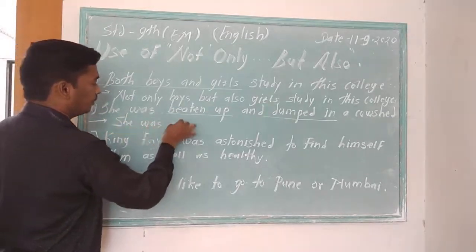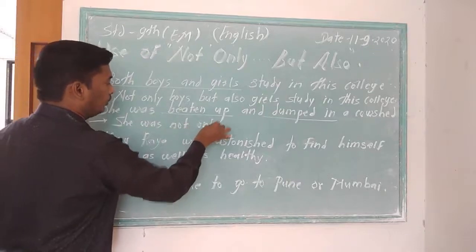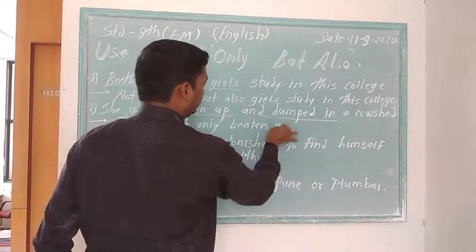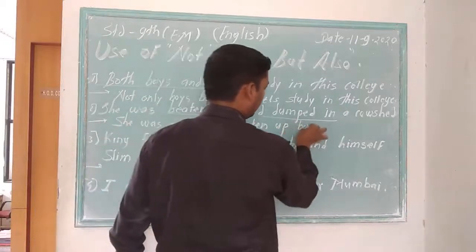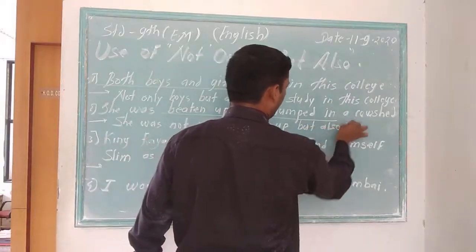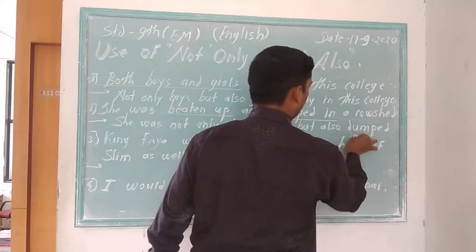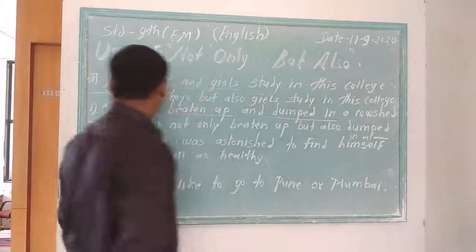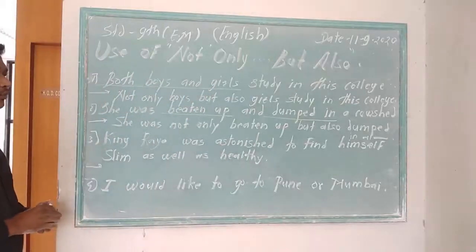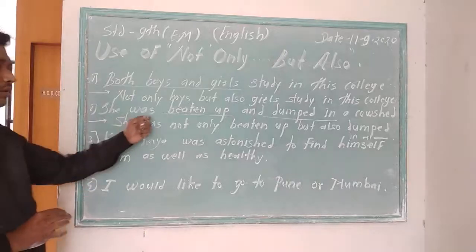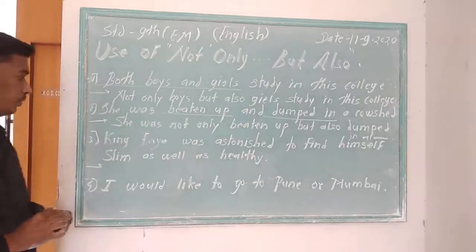She was not only beaten up but also dumped in a cow shed. It is the use of not only but also.